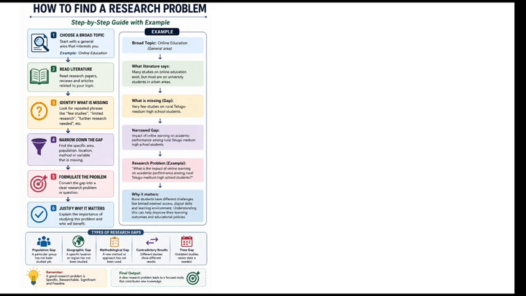So first of all, finding a research area is one important thing. To find a research area, novice researchers generally, when they start working in a research lab, or when they start applying for research in a university, get the areas of research from their research supervisors. That is one option.